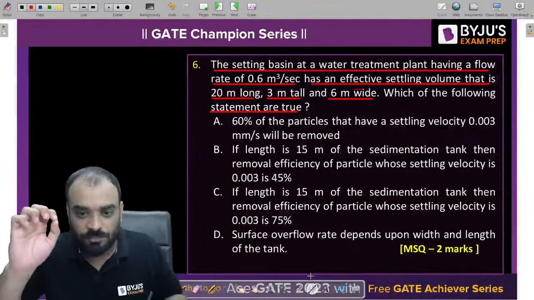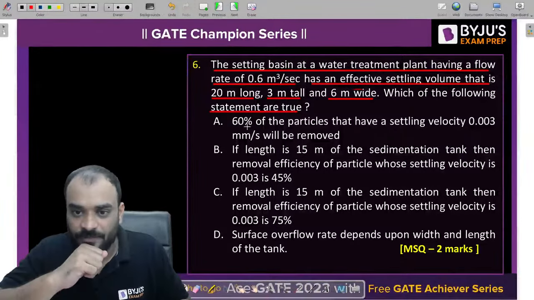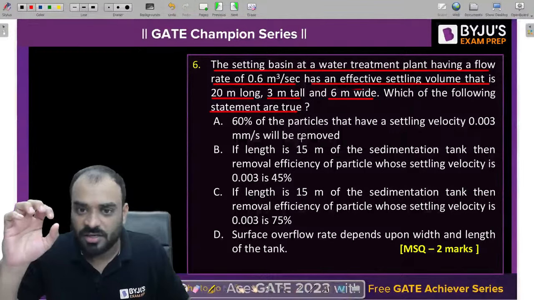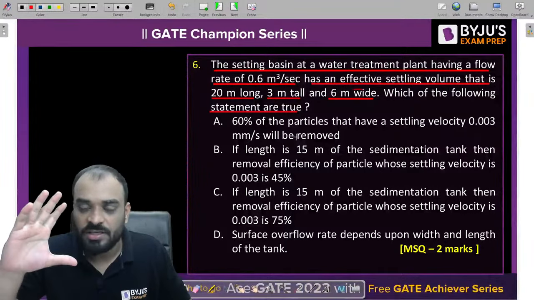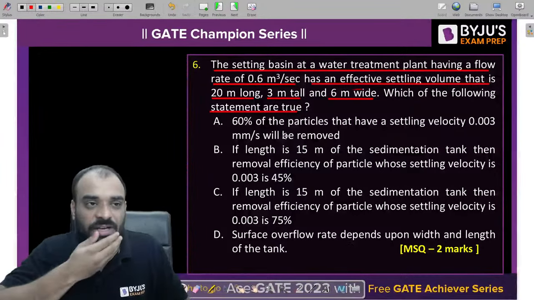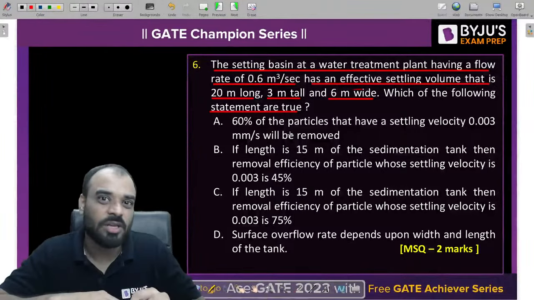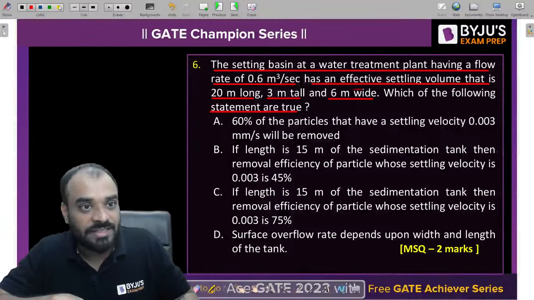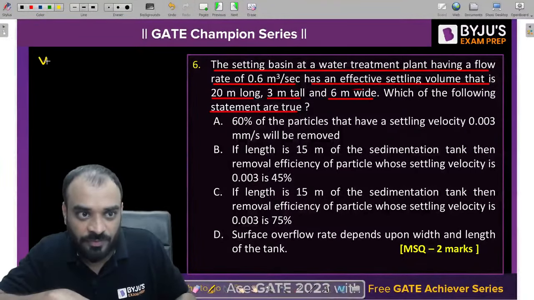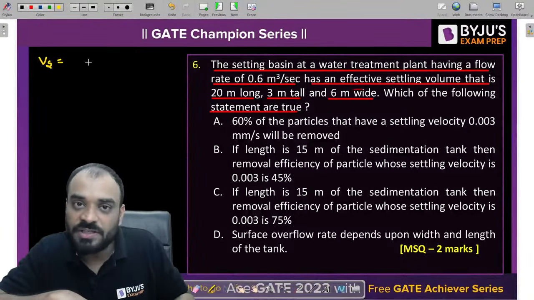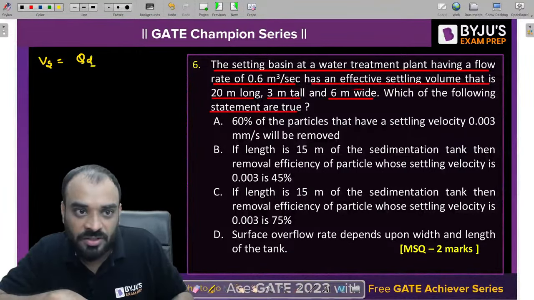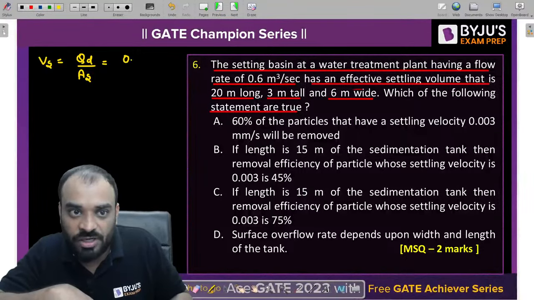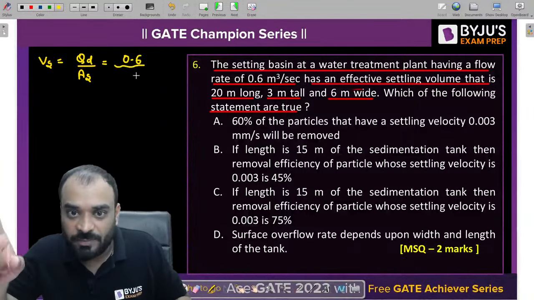Okay, so before solving it, guys, we are able to see here they are trying to relate the question with respect to the percentage removal. So whenever we need to calculate the percentage removal, I need the design settling velocity of the tank first. So let's calculate the design settling velocity first. Design settling velocity is equal to how much? Design discharge divided by surface area. That will be our calculation. So design discharge is already mentioned, which is 0.6, divided by surface area.